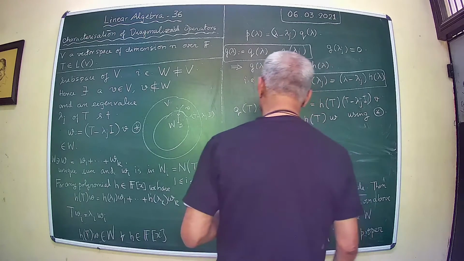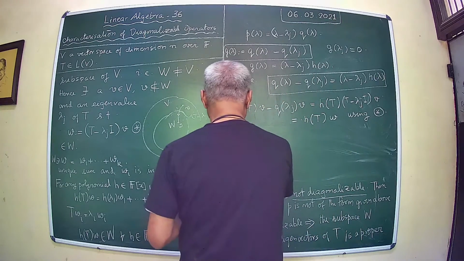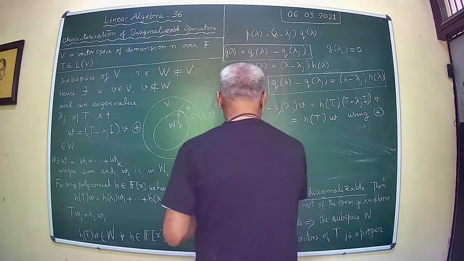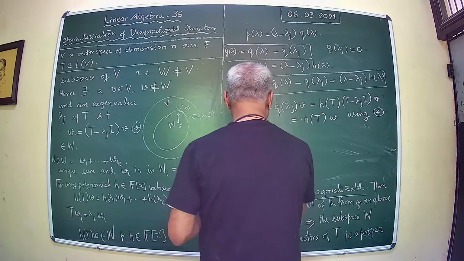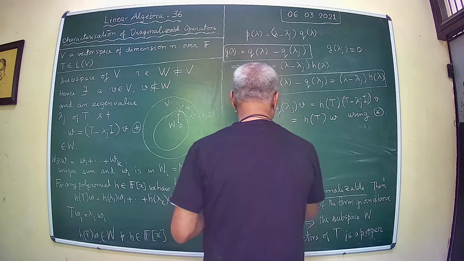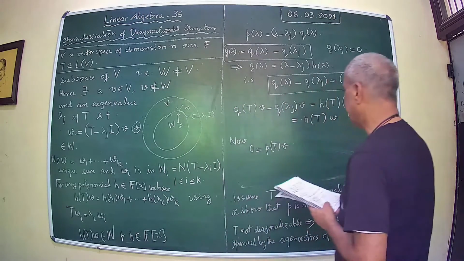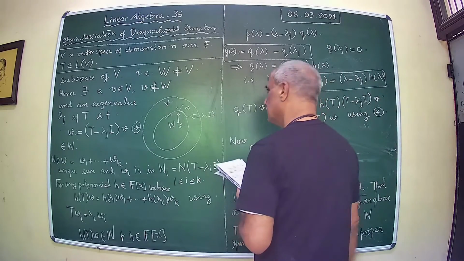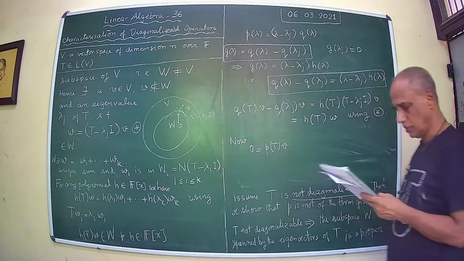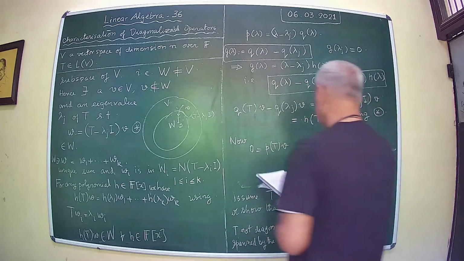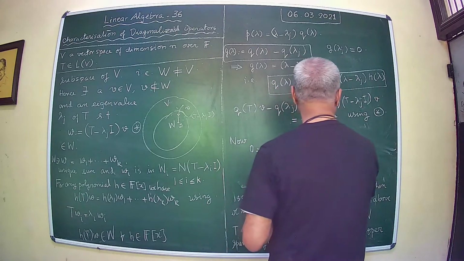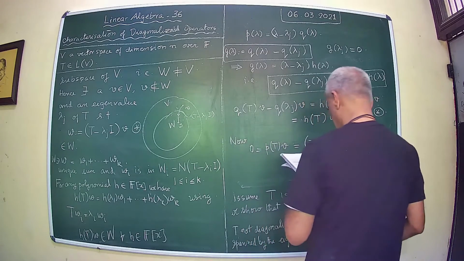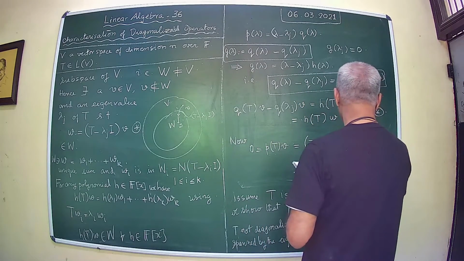Now 0 equal to PT. Why PT is 0? The reason is PT is an annihilating polynomial and this is equal to P minus lambda j, PT.